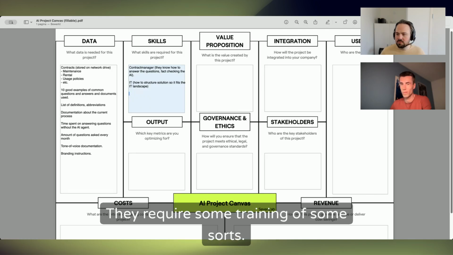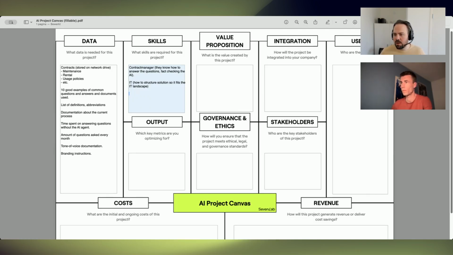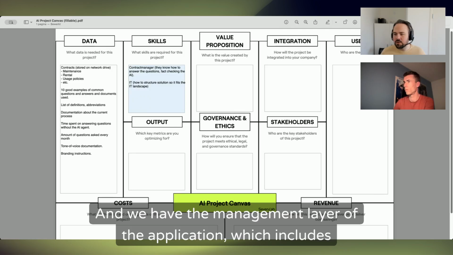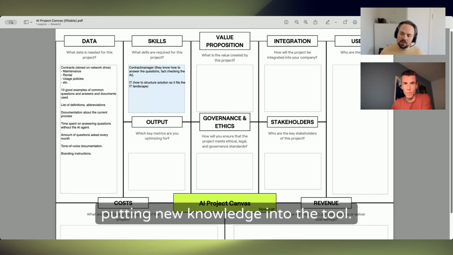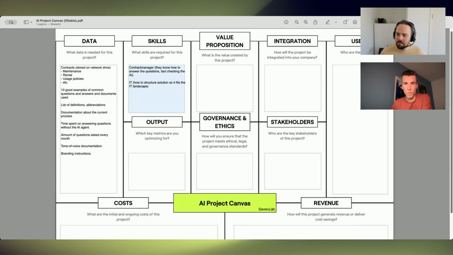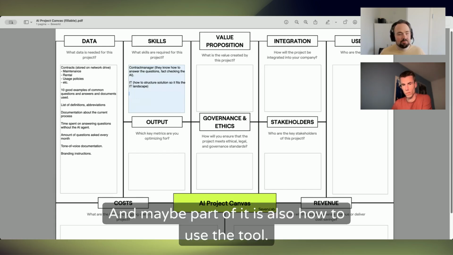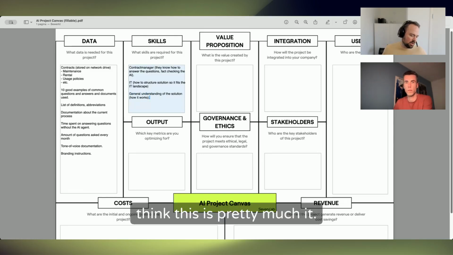They require some training of some sorts. And we have the management layer of the application, which includes putting new knowledge into the tool. And maybe part of it is also how to use the tool. Yeah, I think this is pretty much it.